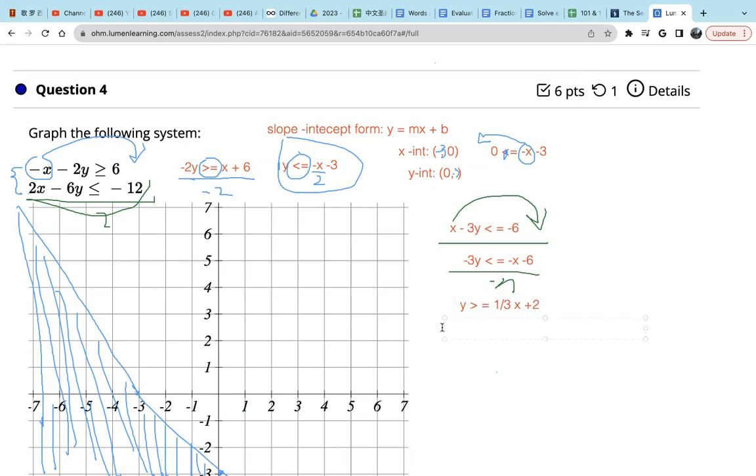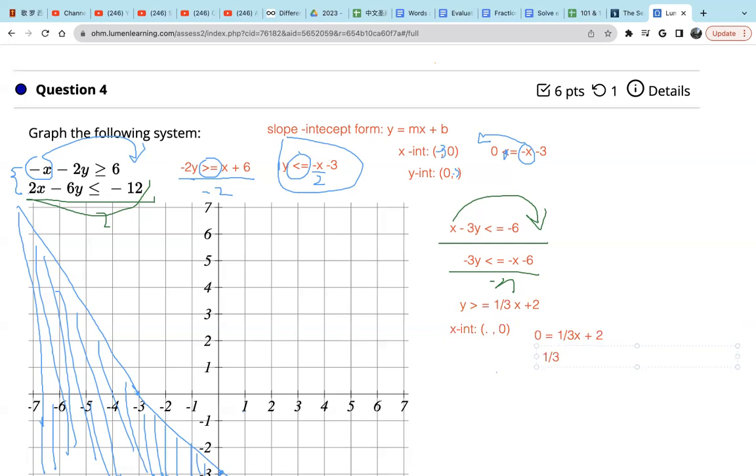So we need to find the x-intercept and the y-intercept. X-intercept means y value is 0. So we'll assign y to be 0. 0 equals 1/3 of x plus 2. We solve this.